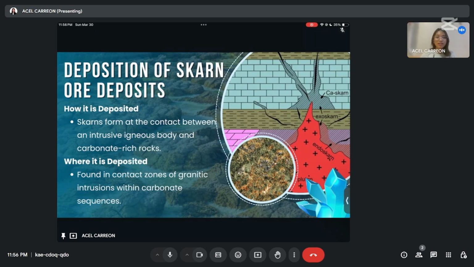It is where mineralization occurs as hydrothermal fluids replace the host rock with calcium-rich silicate minerals and ore minerals. And it is found in contact zones of granitic intrusions within carbonate sequences and is commonly found along convergent plate boundaries, particularly on subduction zones.